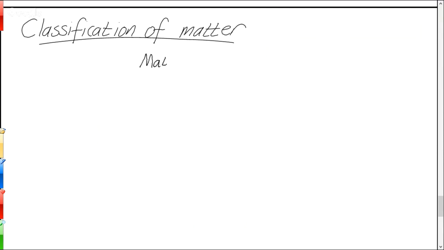We start with just matter, which is anything made out of atoms, anything with mass. And then we can classify that into 2 categories. Anybody know what are the 2 categories that we can put something in? One is pure substances.